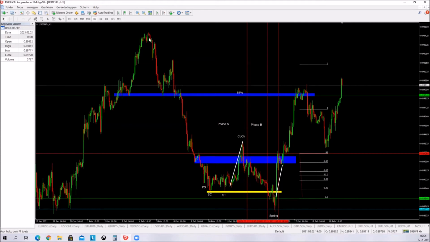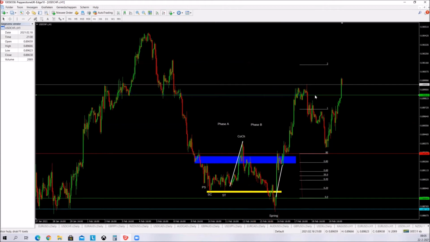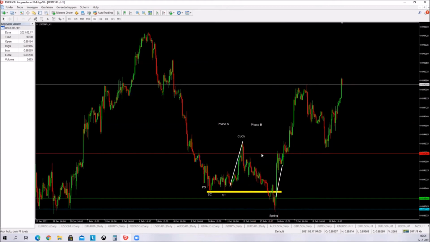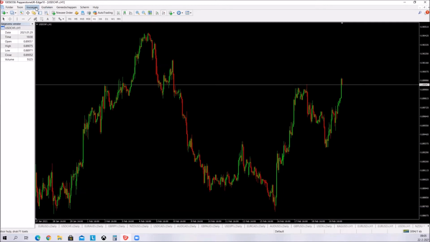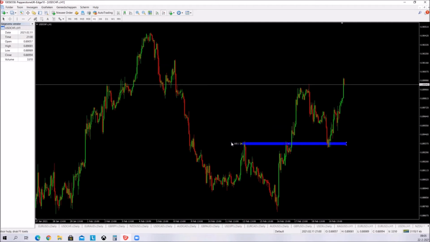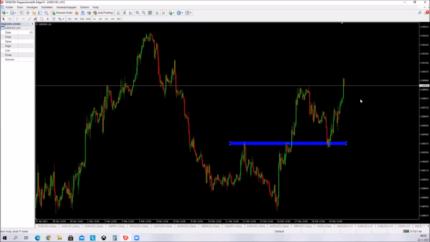So another thing I wanted to talk about is on this chart. Let me first clean it up. Also, one thing you can see that happened is a retest of the high of the range. So this is the higher end of the range, and price retested and then made a new move.